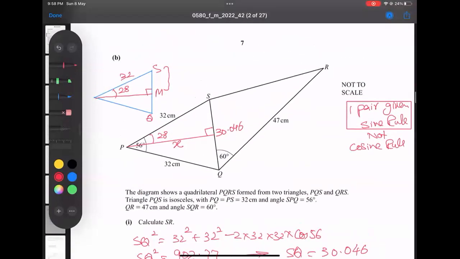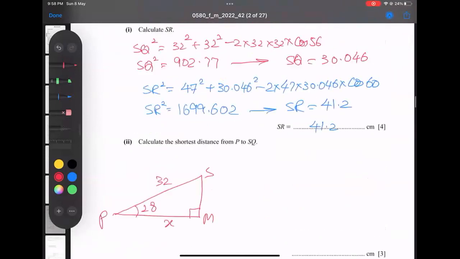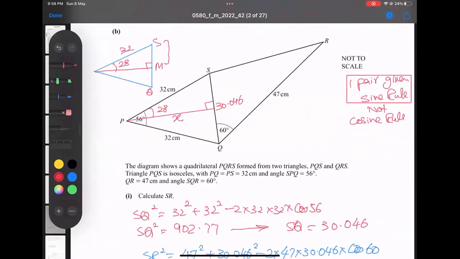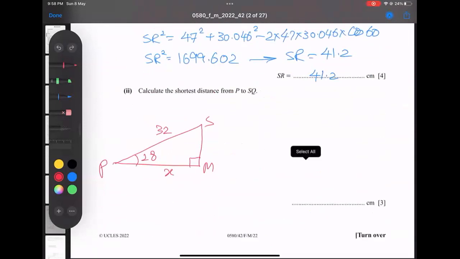So I'm going to use this upper triangle, or I make it PMS. I make a triangle with the perpendicular. So wait a minute, PMS. This is 28, this is 32, and this is my target, the shortest distance from P. In front of 90 is called the hypotenuse.